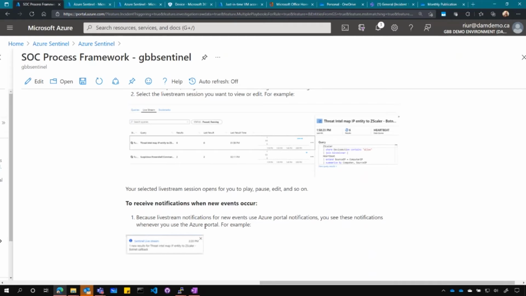It will pop up and say, hey, Sentinel live stream, one new result for threat intel map entity based on Zscaler botnet callback. Right, so you can see this pulled up, and I apologize for the granularity on the screenshot, but this really gives you an idea of what live stream can do from the capability perspective as you're thinking about how to take that Intel Fusion, as we've talked a little bit about.